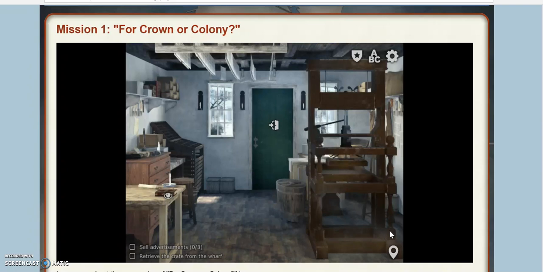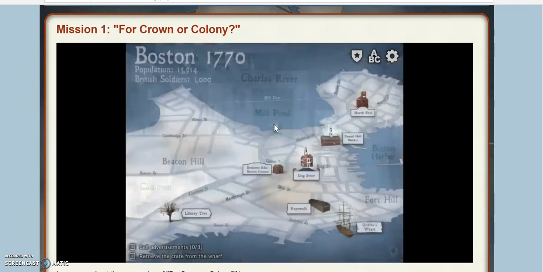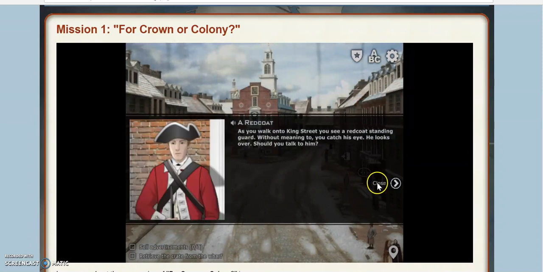So throughout this game, you can click on the door to go outside. You can click on the different areas to take you to different places within Boston. You can click on things within the houses that actually take you to different rooms. You have ways to earn badges.